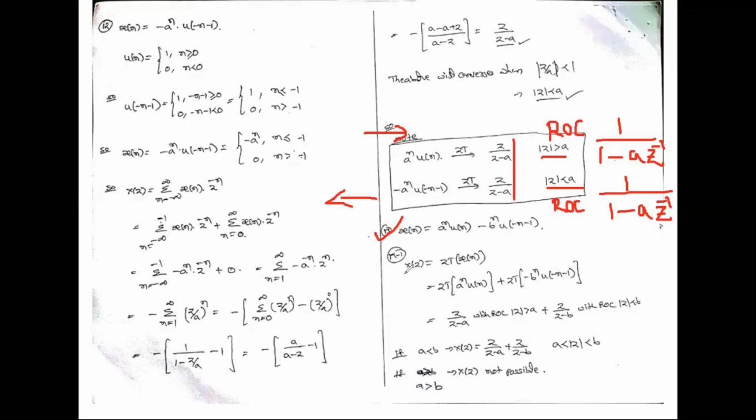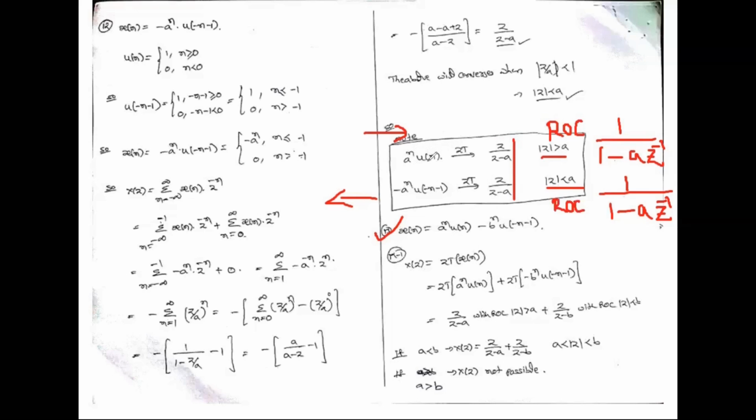According to the Z transformation definition, X(z) is the transform of x[n], and the transform of the two functions we have: one is a^n u[n] plus the transformation of minus b^n u[-n-1]. This is a standard signal.